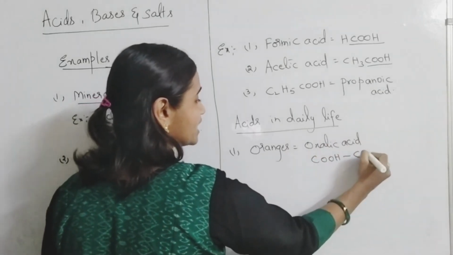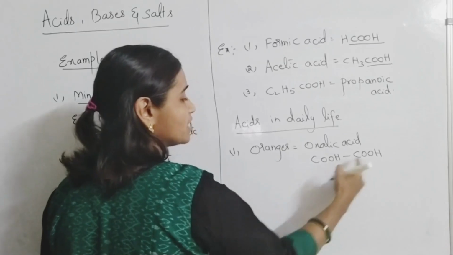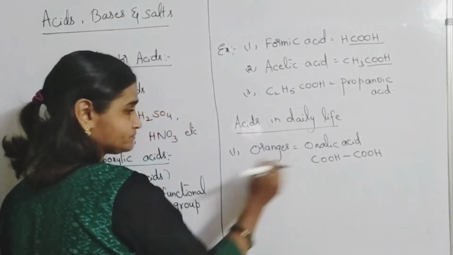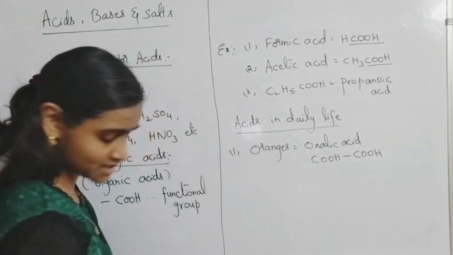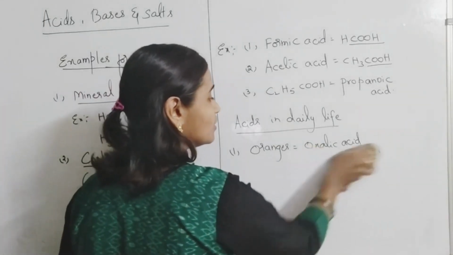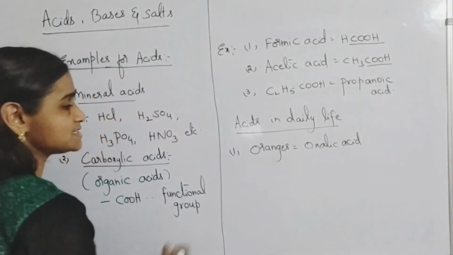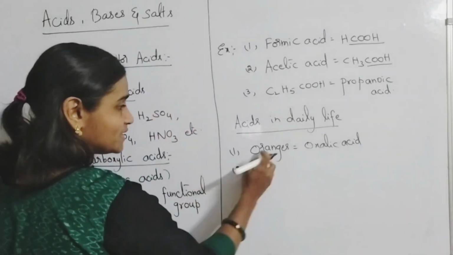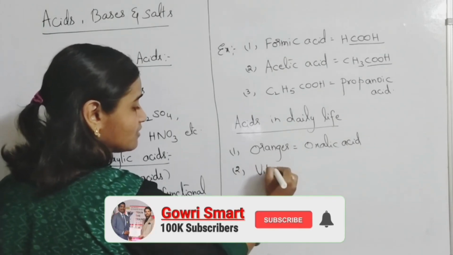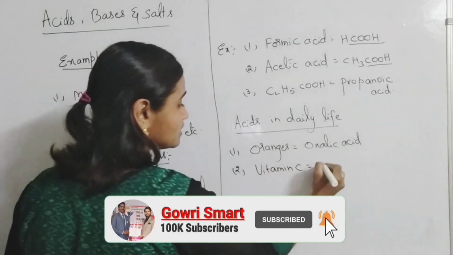Dioic acid you call it, (COOH)2 or H2C2O4, is the formula for oxalic acid. Of course here they may not ask you for the formulas. Oxalic acid is present in what? Oranges.